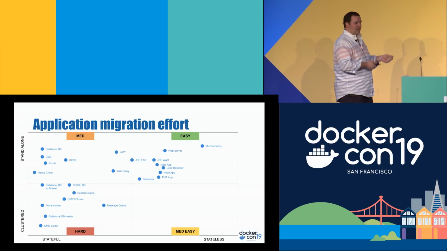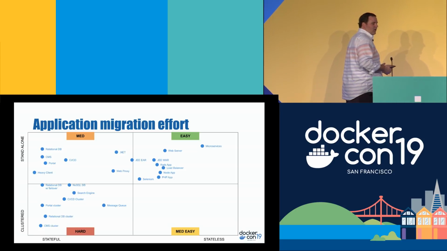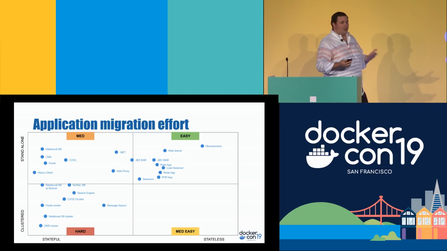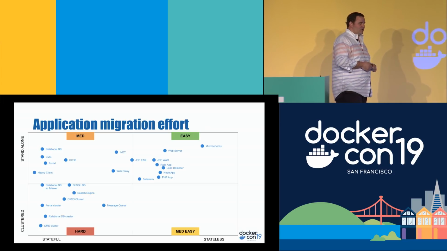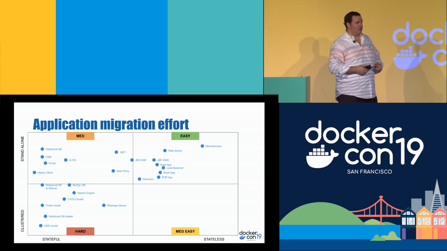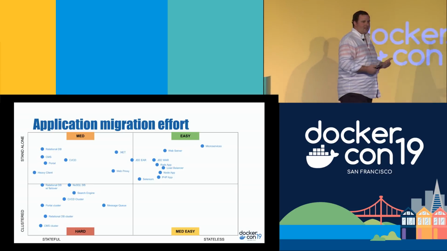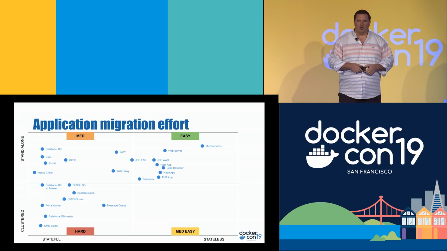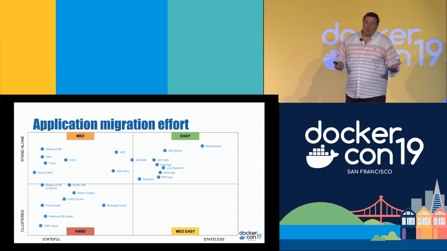As we move to the left and down, we start getting more sophisticated, right? So we start adding statefulness to the applications. We have apps that have data that needs to go somewhere. As we get down to the bottom left, these are also apps that are clustered together, typically data type applications, different databases, queues, different kinds of workloads where we want to make sure we can persist data. They become a little bit harder.